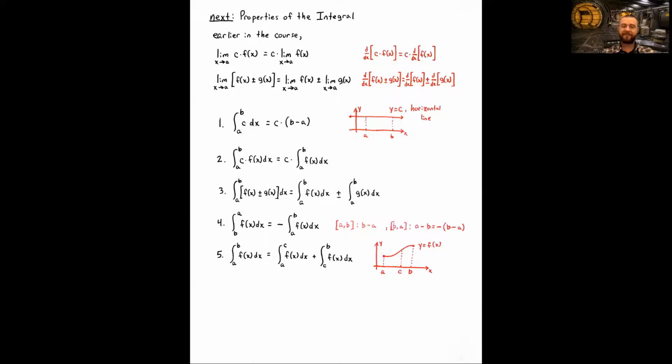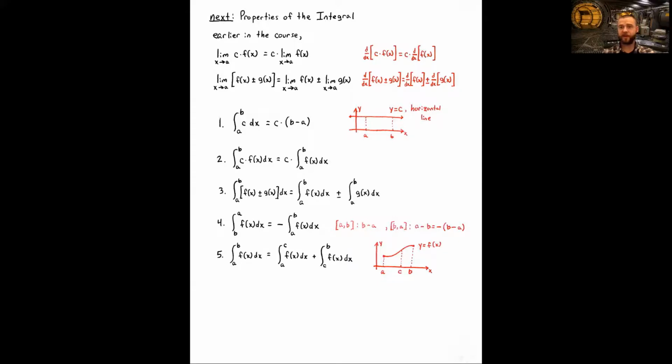What this fifth property says is, let's say we have an interval from A to B, and in between A and B is some intermediate x value, C. What this fifth property basically says is you can take the entire interval from A to B and split it into two intervals, an interval from A to C, and then another interval from C to B.